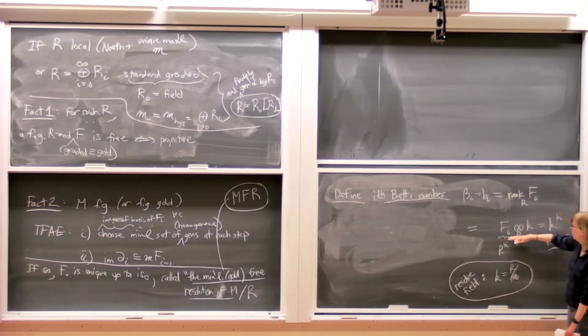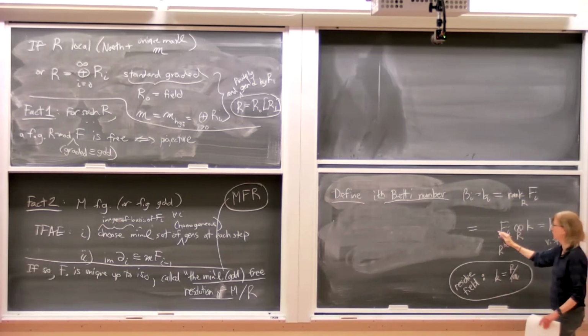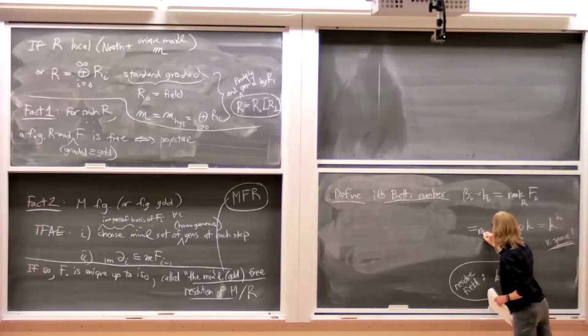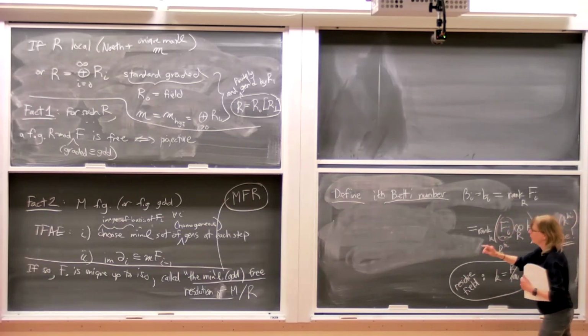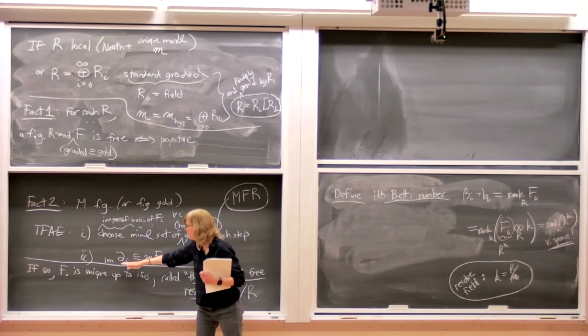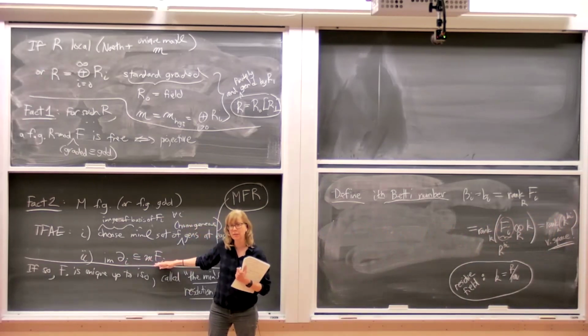Good, but so this has the same rank as this, right? So let me write the word rank here. Rank now as a vector space of this, which is the rank of k to the b_i as a vector space rank. Okay, so who cares except that what happened when you took this resolution, whose differentials land in the maximal ideal. Now you go mod the maximal ideal.